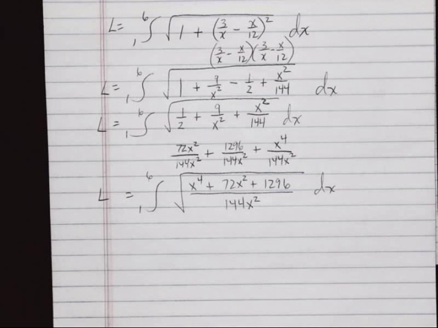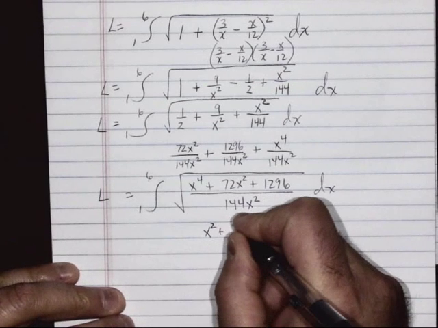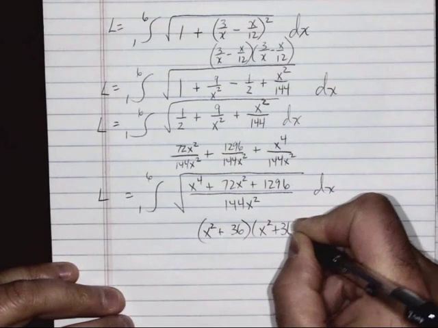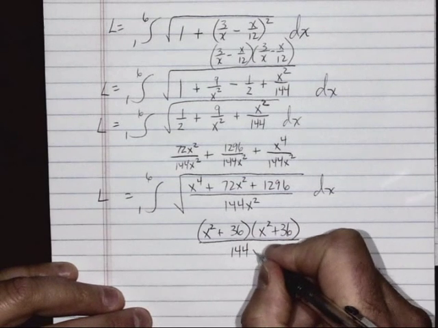I see 1,296 and 72, so I'm thinking 36 times 36 is 1,296, and 36 plus 36 is 72. So that works out pretty nice. That's an x to the fourth. So I'm going to rewrite this as this on the top. Here's my bottom.